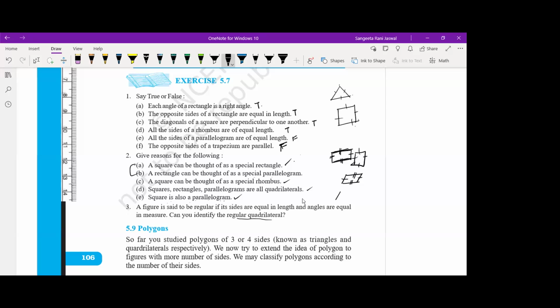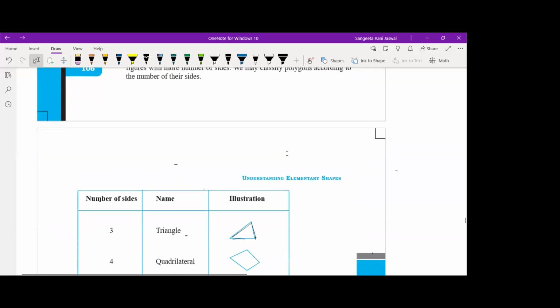Okay, so next is angle, quadrilateral, and head figure.